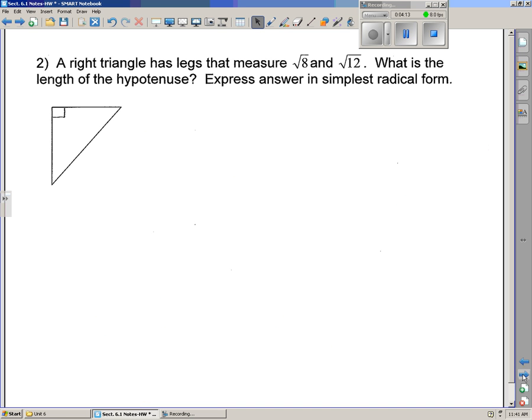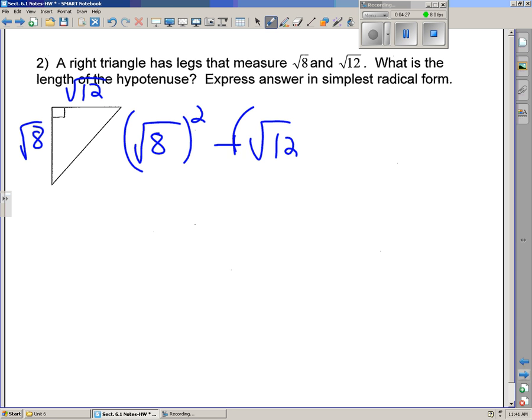Okay, next one. A right triangle has legs that measure radical 8 and radical 12. What's the length of the hypotenuse in simplest radical form? So these happen to be square roots, so we're going to square the square roots to find the hypotenuse. You need to remember that when you square a radical, it just becomes the number without any sort of radical symbol.